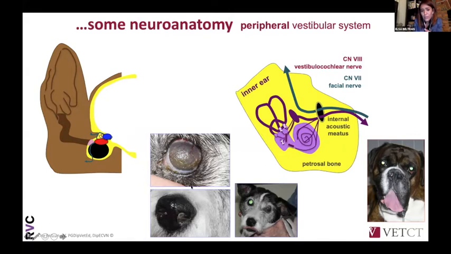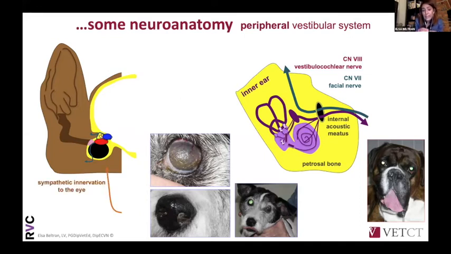So if we have a dog, for instance, that presents with vestibular signs, neurogenic keratoconjunctivitis sicca, and xeromycteria, and otherwise no clinical signs of central involvement, then this is a severe lesion at the level of the inner ear, severe in the sense that it is affecting both the facial nerve and the vestibular system.